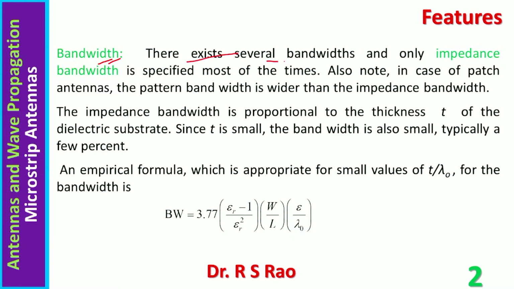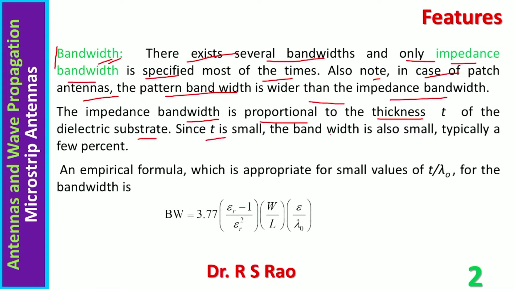There exist several bandwidths and only impedance bandwidth is specified most of the times in case of patch antennas. Also note, in case of patch antennas, the pattern bandwidth is wider than impedance bandwidth. Impedance bandwidth is proportional to the thickness T of the dielectric substrate.